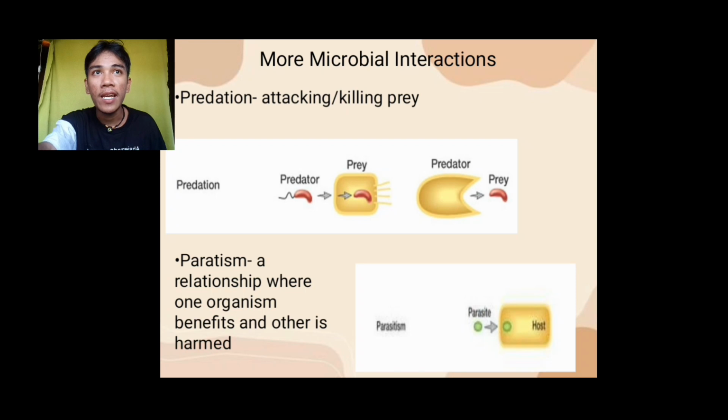Yung kung saan ginagamit yung isa kasi meron siyang nakukuha, okay? Tapos yung ginagamit niya is nasasaktan. Kumbaga nauubos, okay? Kasi kinukuha mo lahat ng kung anong meron siya, samantalang siya ay walang-wala na. Parang ganun yung parasitism kung ating i-relate sa love, manggagamit.